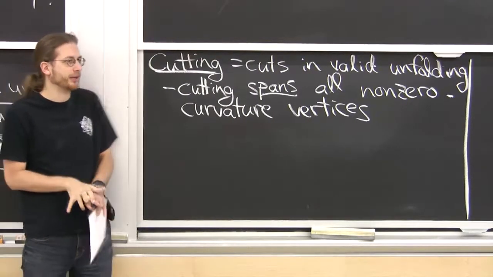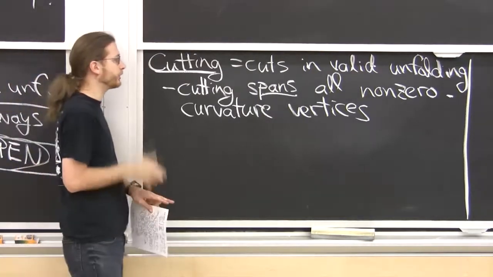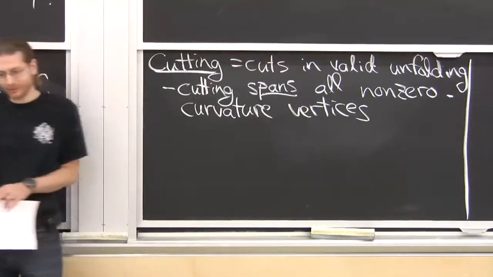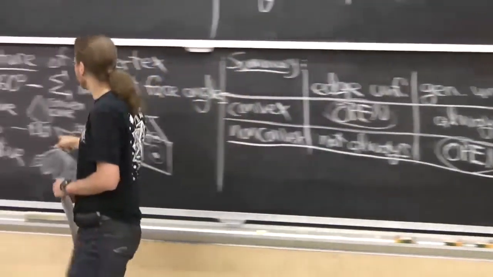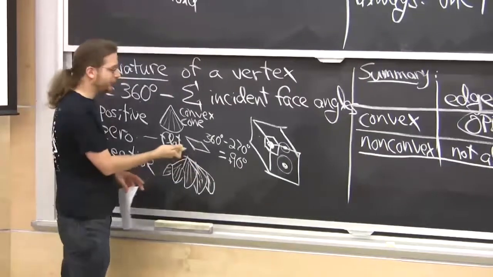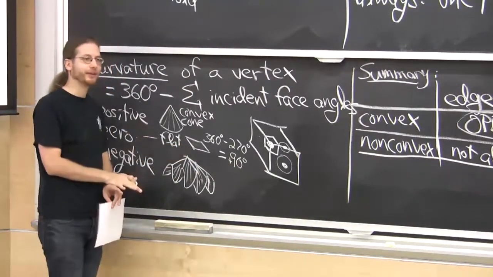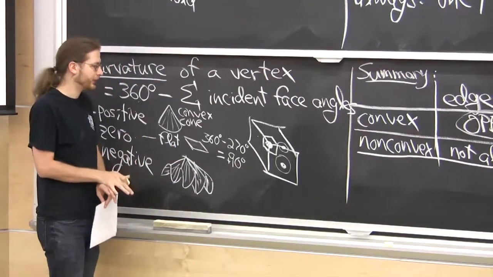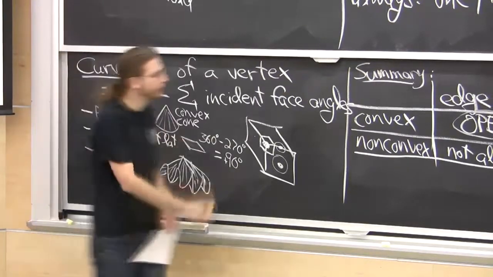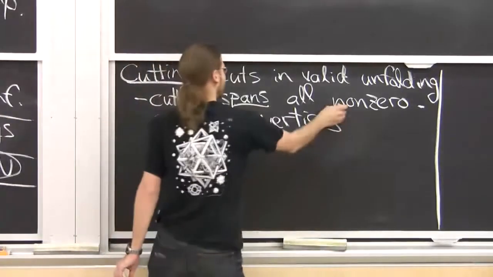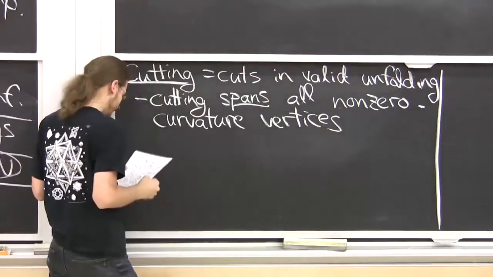It needs to be cut. At that point, the cutting has to have degree at least 1. With zero curvature vertices, even if they're not flat in 3 dimensions, you could flatten them because locally it really is a flat thing. So there may not be any cuts at zero curvature vertices. Most of the time we won't have to worry about them, but something to think about. Everybody else you have to span.